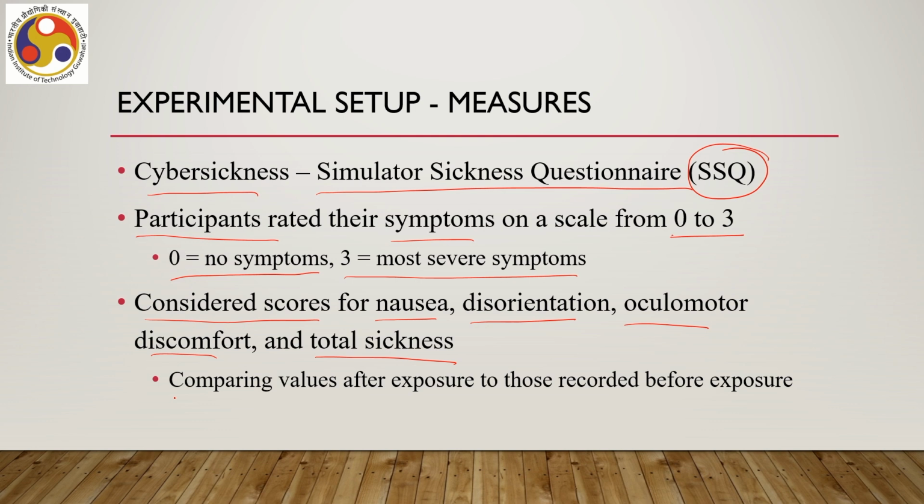When we say we considered scores, essentially that means we computed the values after exposure and before exposure, and then compared them together to get an idea of the effect of the design on these values.